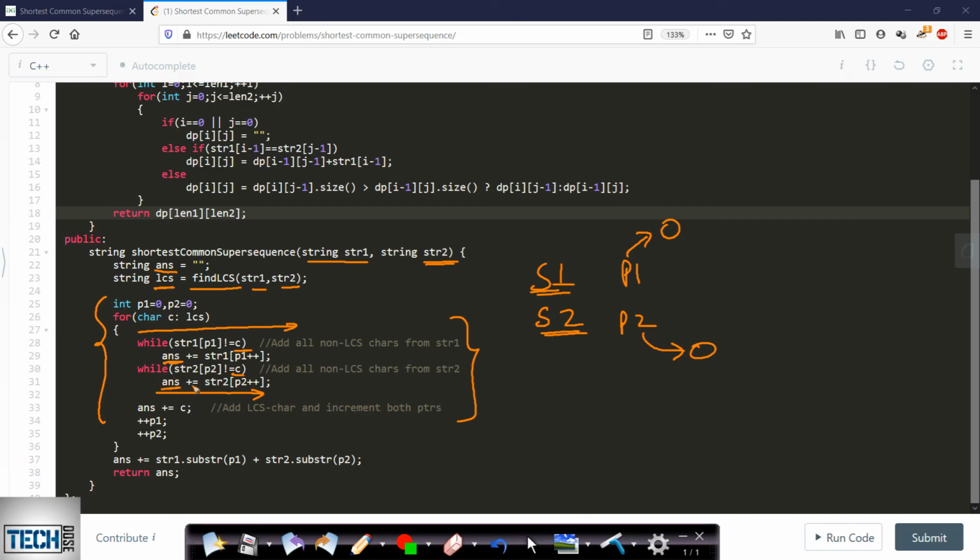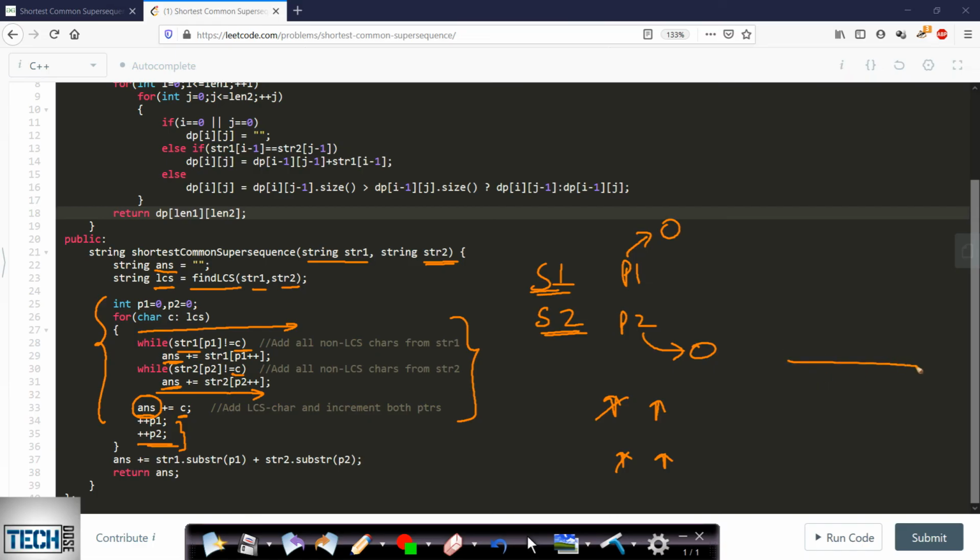Once we have included all the characters and we are pointing to the LCS character in both strings S1 and S2, we include the LCS character only once into the answer string, and we increment both pointers P1 and P2, because it should not be included twice. We keep repeating this for all the LCS characters.